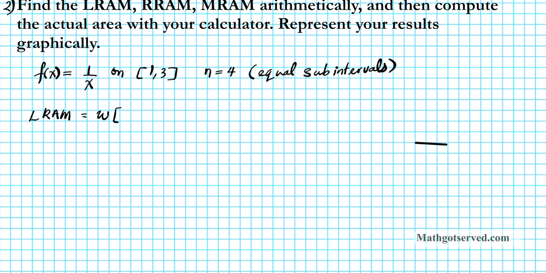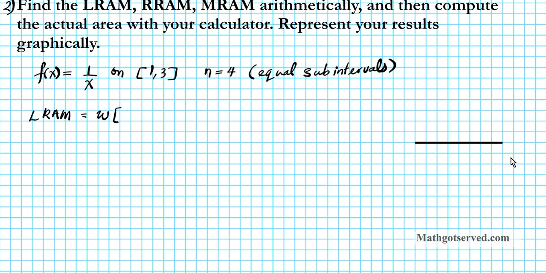We have 1, make tick marks, so starting from 1, 2, and then 3.